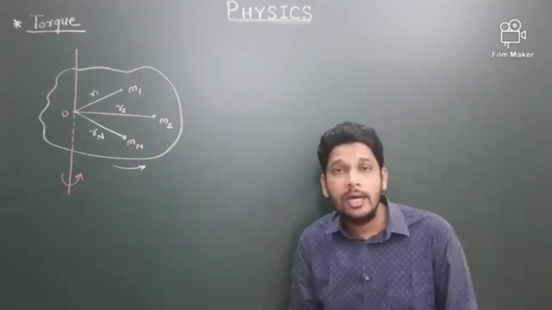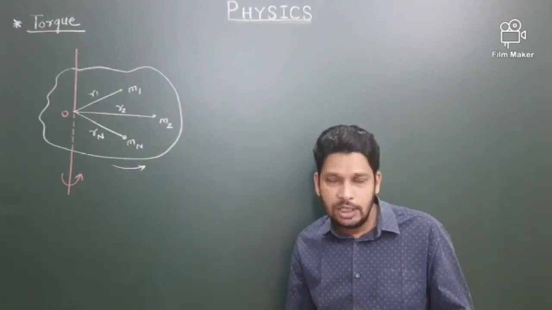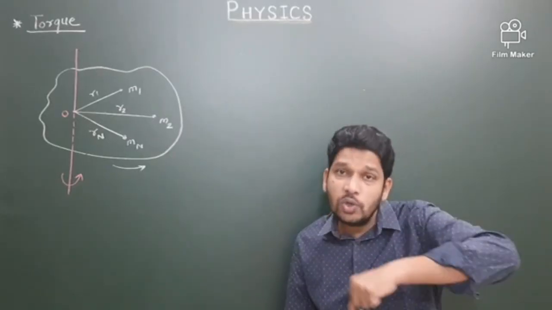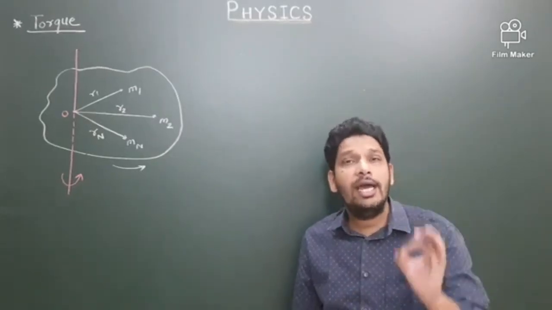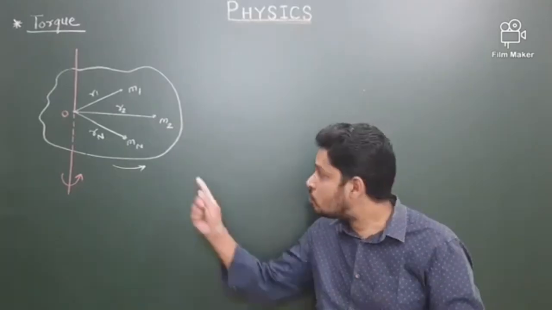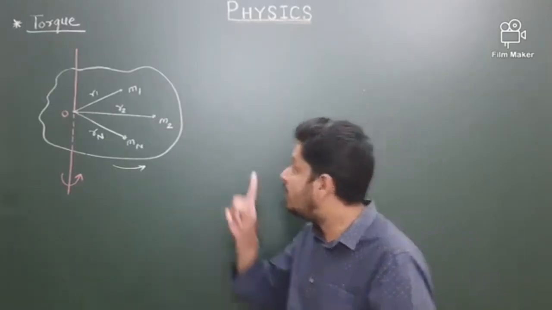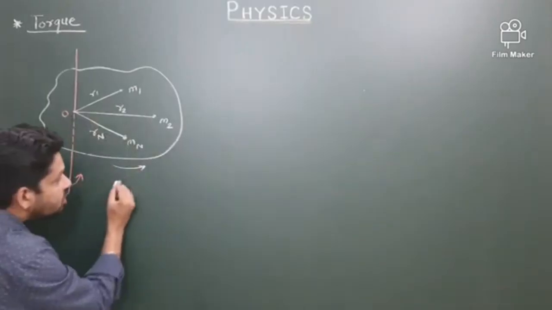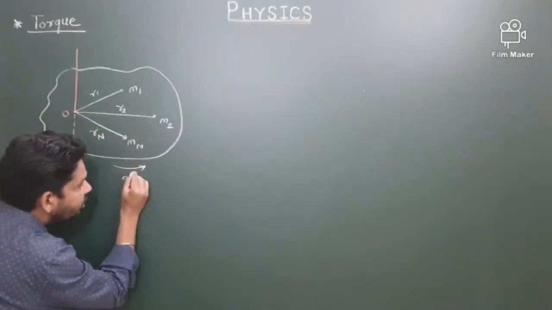Now in the derivation of kinetic energy and in the derivation of angular momentum, our body was rotating with constant angular velocity, and that was omega. But in the derivation of torque, this body is rotating with a constant angular acceleration alpha.